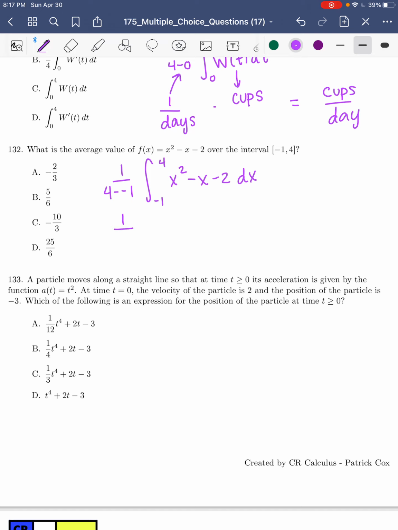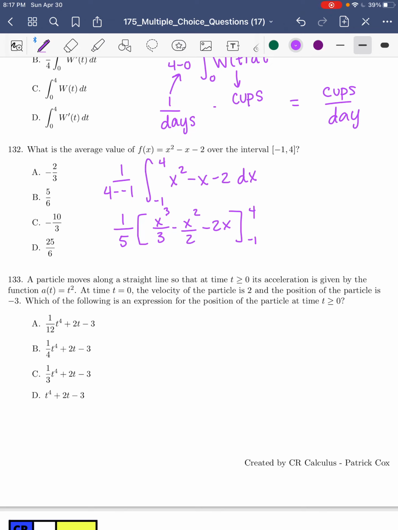So obviously 1 over 4 minus negative 1 is just 1 over 5. And then I'm going to take that antiderivative. So I get x cubed over 3 minus x squared over 2 minus 2x. That gets evaluated from negative 1 to 4.